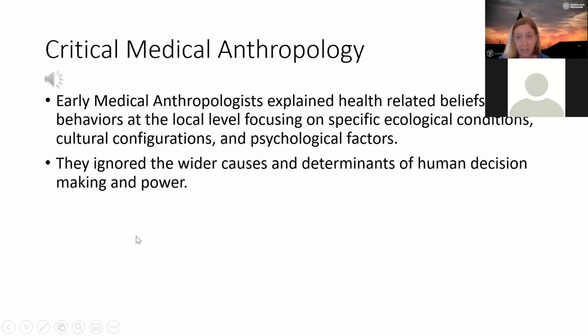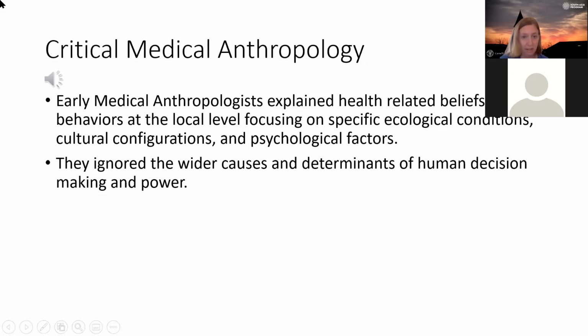A definition early on in the class that's important is critical medical anthropology. The basic backstory is that early medical anthropologists were just interested in looking at health at the local level, the health of a community. They ignored the wider determinants of human health and wellness, including power.